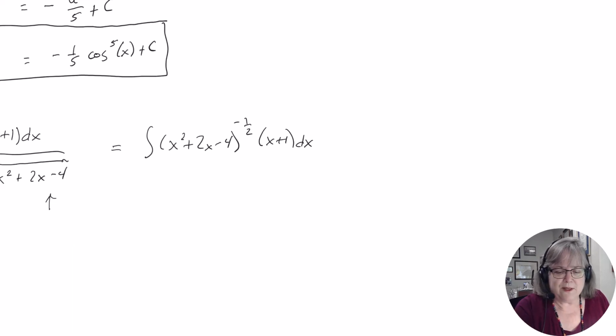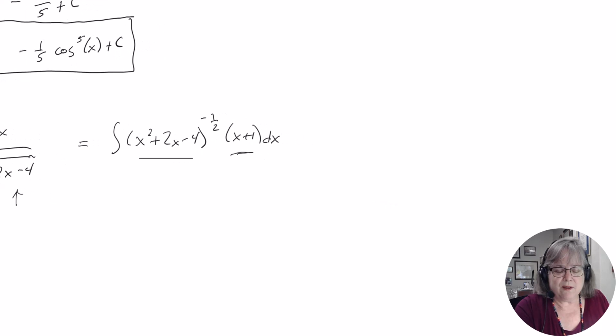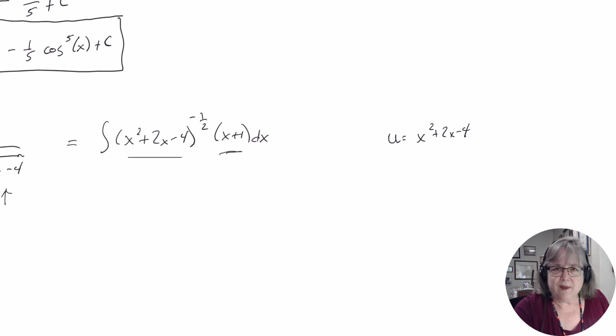So do you see how this is the biggest powered portion? And if you think about it, the derivative of x squared plus 2x is a version of x plus 1. So we're going to use u being x squared plus 2x minus 4, right? So it's usually an inside part of something. And if you're looking at it, your first guess should be the one with the higher powers, because you're going to take the derivative of this and get lower powers, right?